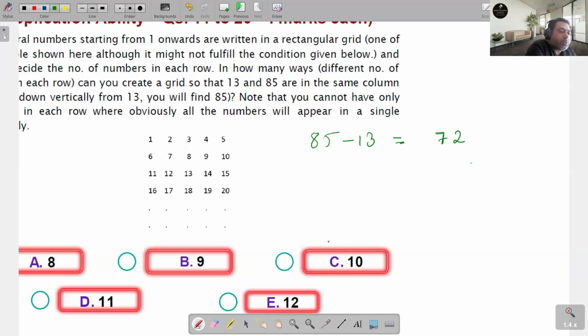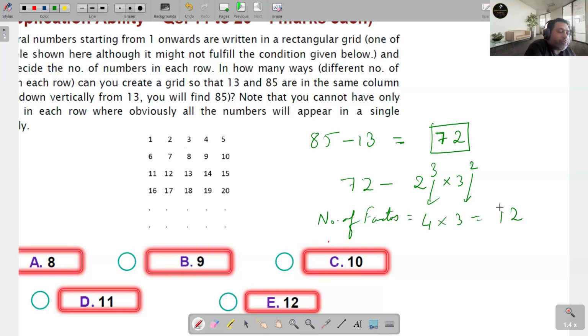So n will be a factor of 72. 72 can be prime factorized as 8 into 9, which is 2 cube into 3 square. And therefore the number of factors of 72 is going to be 4 times 3, which is 12.